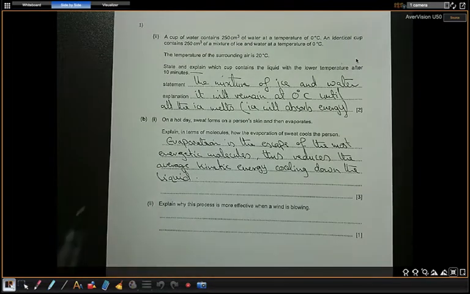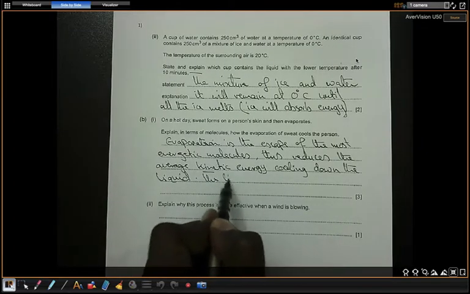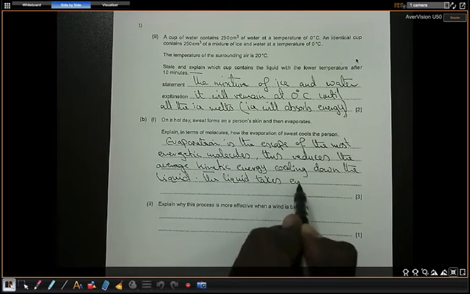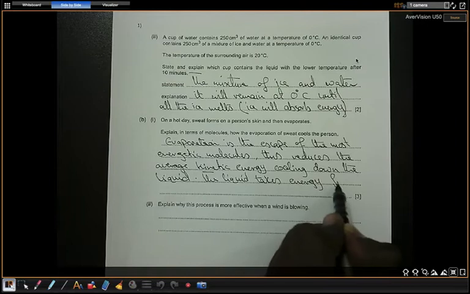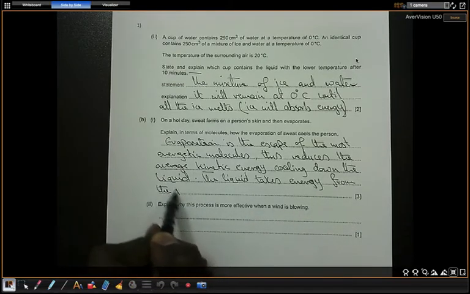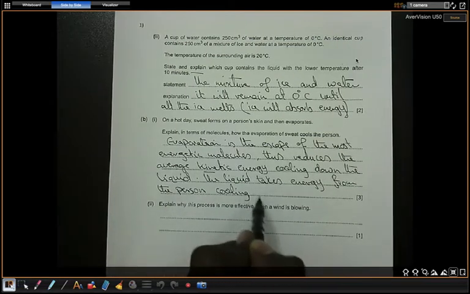Alright, to get a mark extra from here, you say the liquid takes energy from the person, cooling him down.